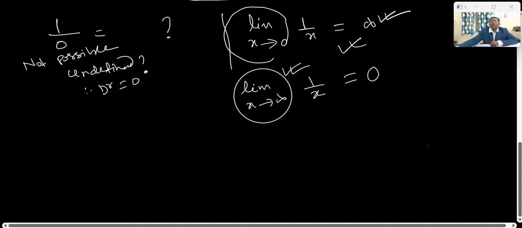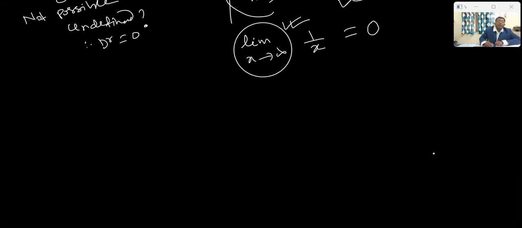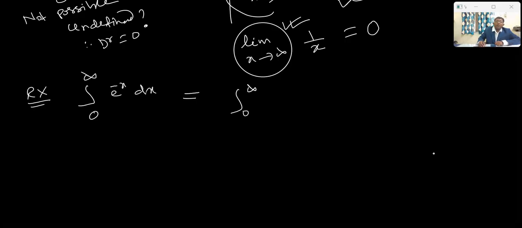Similarly, to evaluate an improper integral, suppose I ask you to evaluate the integral of e to the power minus x dx from 0 to infinity. How to evaluate it? It is e to the power minus x by minus 1, with limits 0 to infinity, which is minus e to the power minus x.